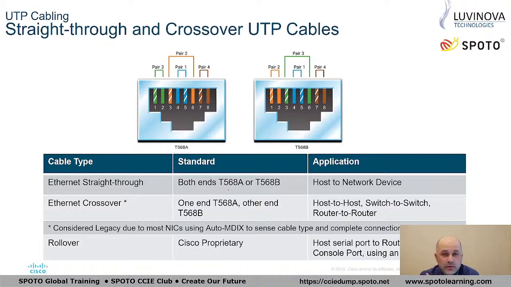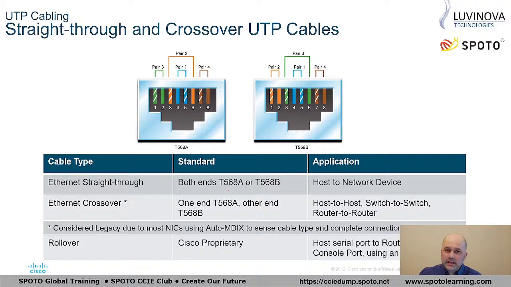What do those cables mean? A crossover cable connects the same devices, which means computer to computer, switch to switch, router to router. The same group of devices are connected by the crossover cable.